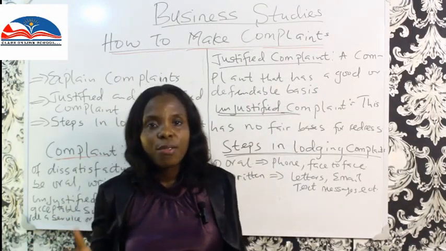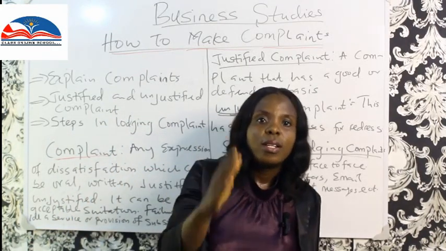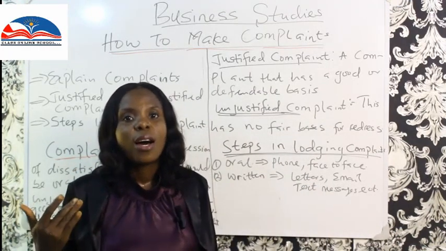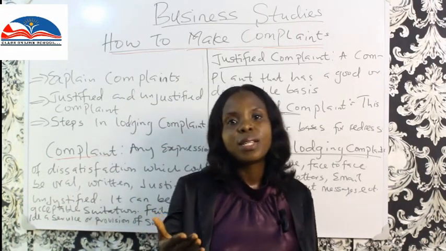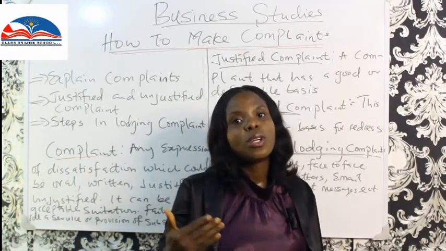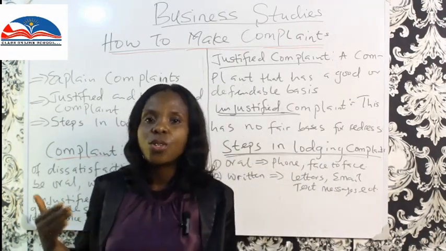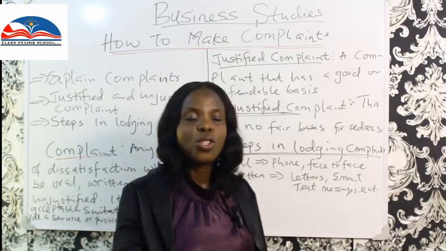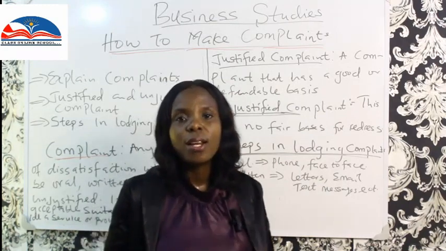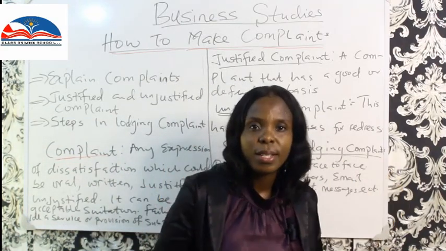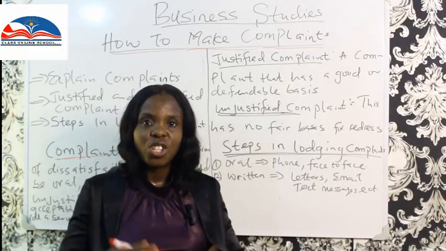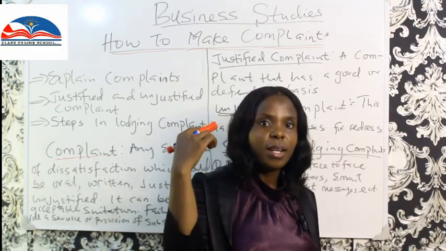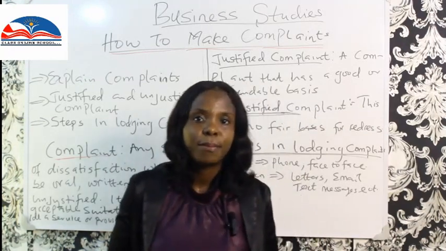After installation, the service I've rendered has failed to meet the standard at which we entered this agreement. The solar refused to work for 12 hours. That was the initial agreement between you and I, and it's just working for 3 hours. You sure can give a complaint and lodge a complaint. It is justified because I have breached the terms. I did not deliver to the standard which I specified.